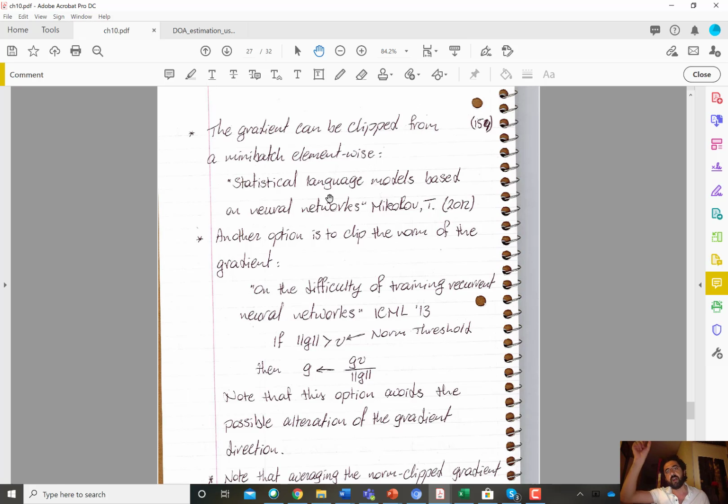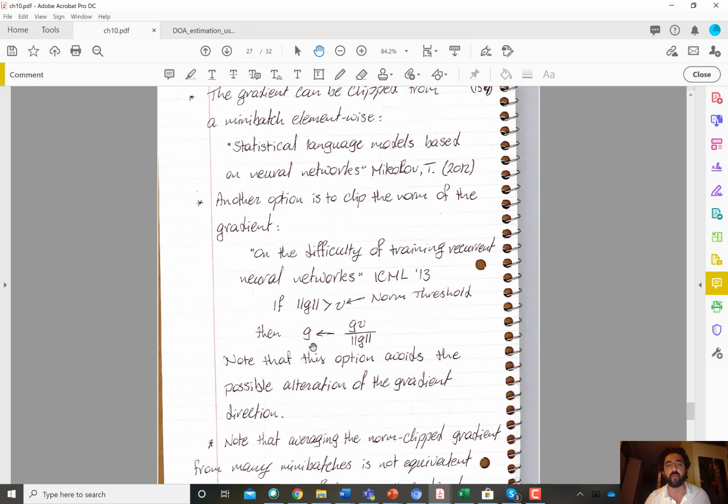Each element in the gradient vector is clipped to a maximum value, meaning if it passes the maximum value, then we threshold it. We set it equal to the maximum value. The problem with this is that I change the gradient direction when I do this. So the more correct way to do it, while keeping the mini-batch gradient direction, is to clip the norm of the gradient as a vector.